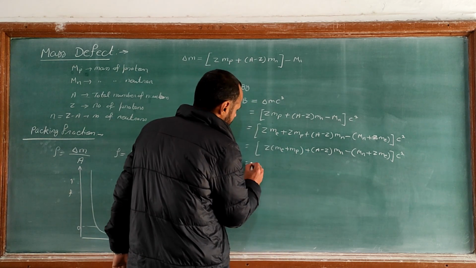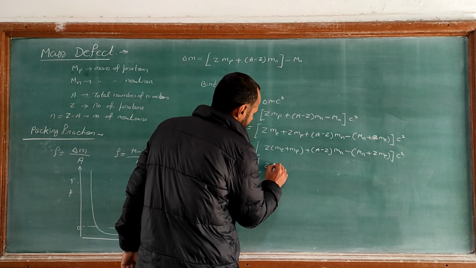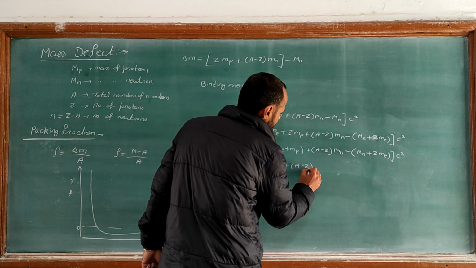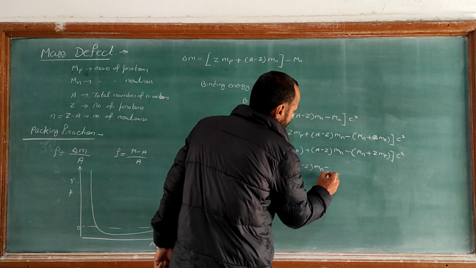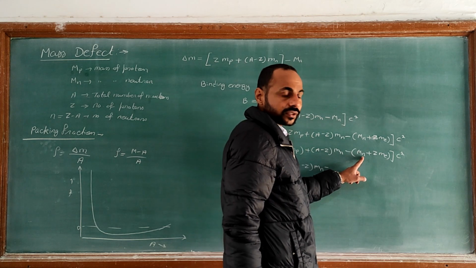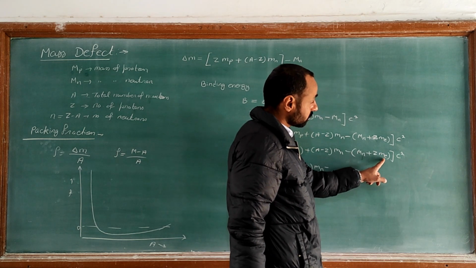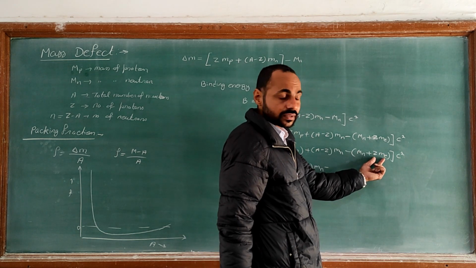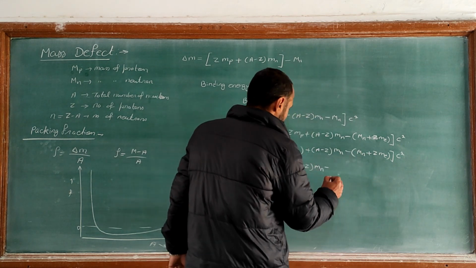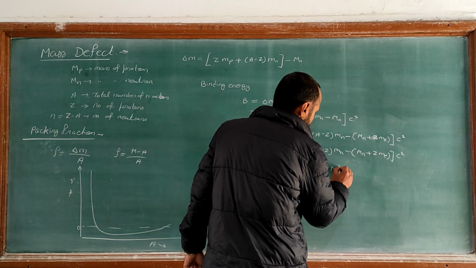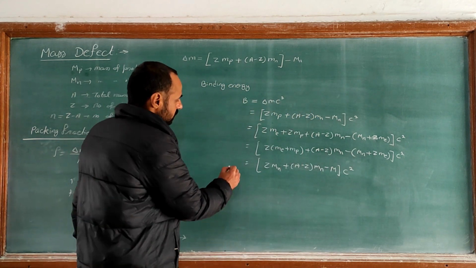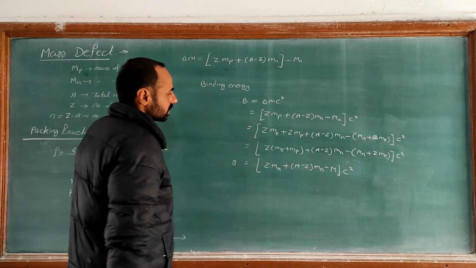So I will represent it as Z MH plus (A minus Z) Mn minus, now this is Mn, the mass of the nucleus, plus Z Me, and so this is the total mass of the atom. I denote it by capital M into c squared. So finally this is the binding energy.